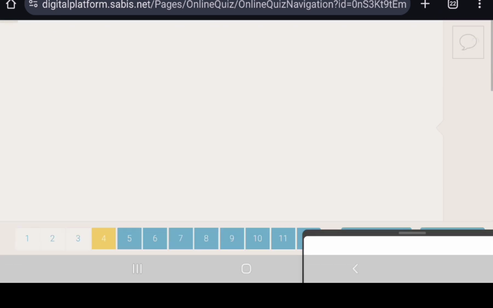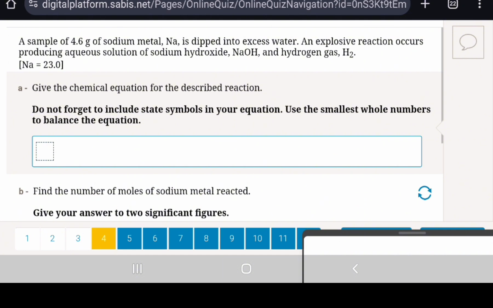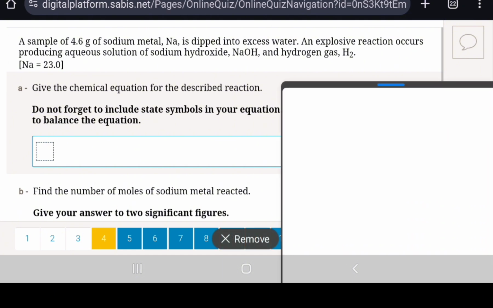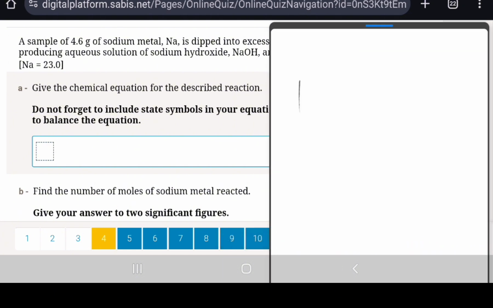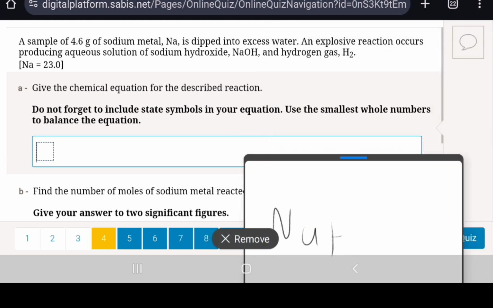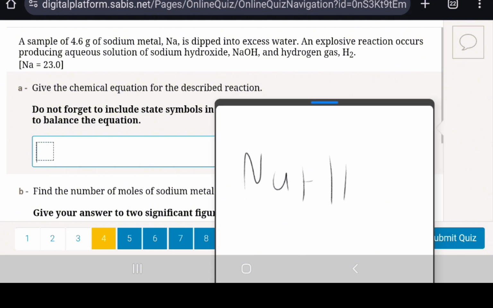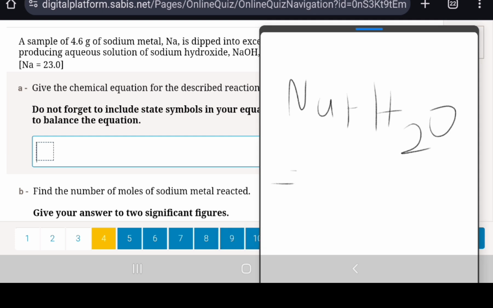Number 4. For this one, we need to balance the equation. So we have Na plus H2O to give you NaOH plus H2.